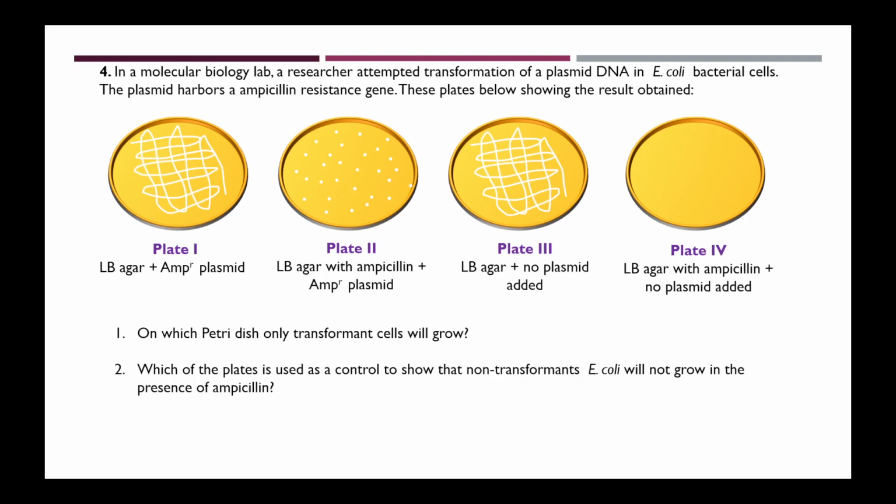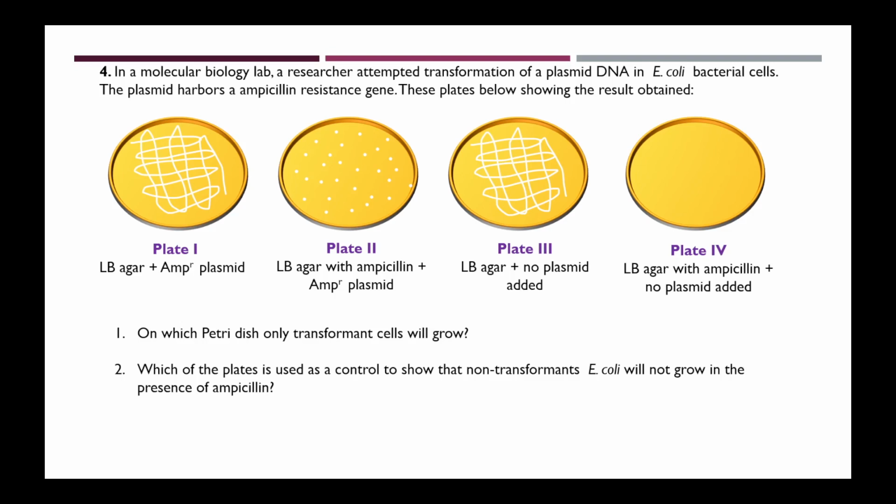No plasmid is added here, and just normal transformation is being performed and plated on this plate. And here LB agar with ampicillin and no plasmid is added, and then the cells were spread on this plate. These are the 4 kinds of plate and different scenarios. So the question here is, on which Petri dish only transformant cells will grow?